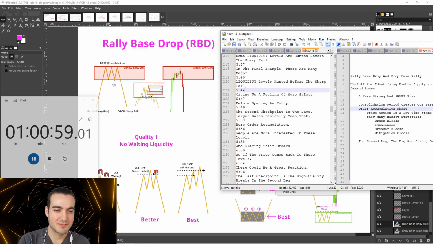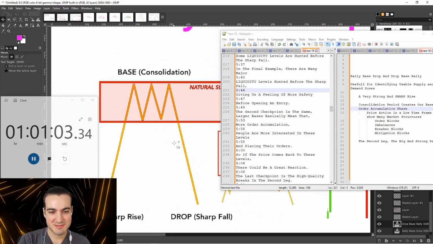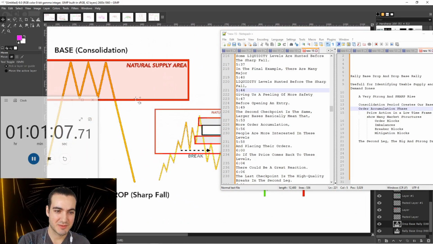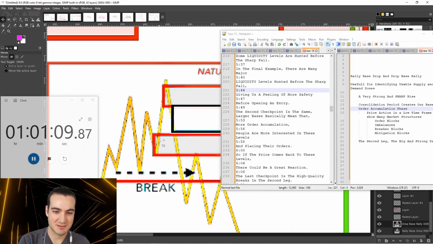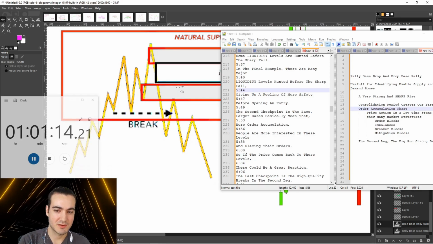We have the sharp increase in price, followed by a consolidation and then a drop. And within the base, or the consolidation, we will see the market patterns that we are looking for unfolding.